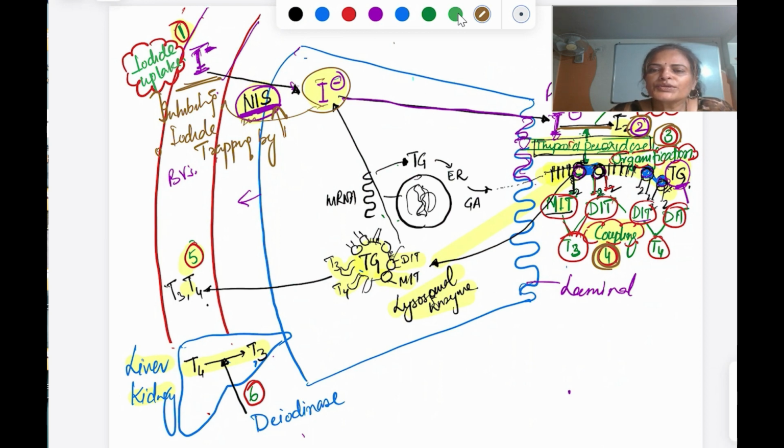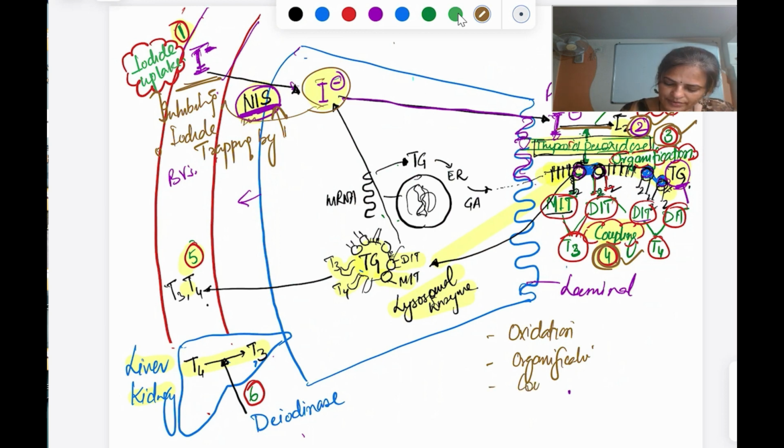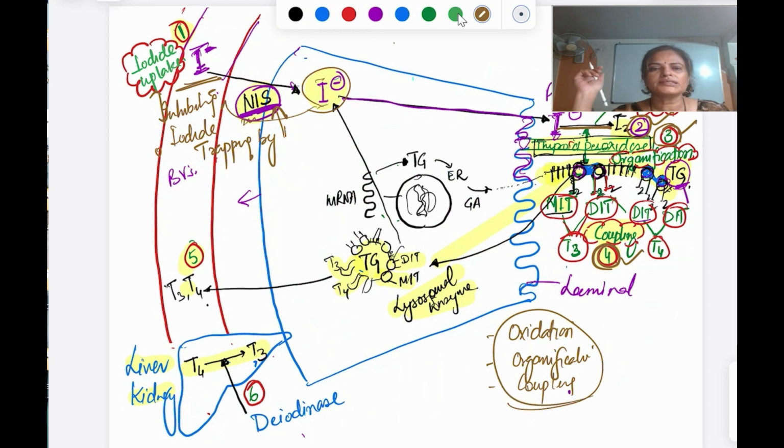By that it is going to inhibit steps 2, 3 and 4. Step 2 is oxidation of iodide to iodine, you should know this. Then organification, that is the binding of iodine with tyrosine. And then the third step is coupling. So it is going to inhibit all these 3.